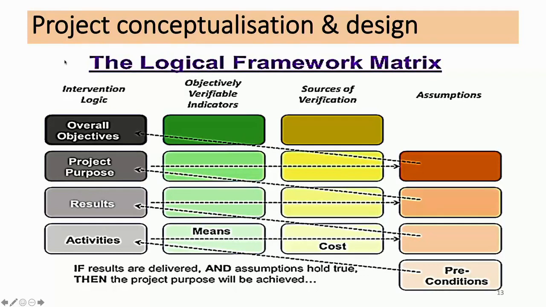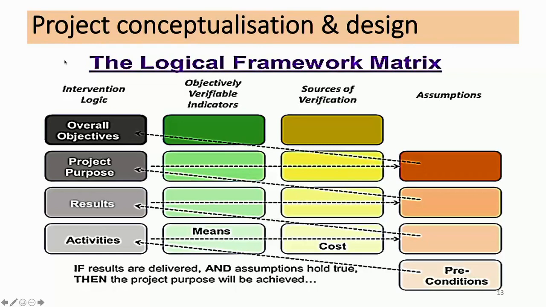If there are certain preconditions, activities implemented by utilizing specific means at specific costs will produce certain results, which we can verify and measure. When all of these results are achieved, the project purpose, the objective that we set out at the start of the project, can be achieved and can bring about that change and benefit to a community.